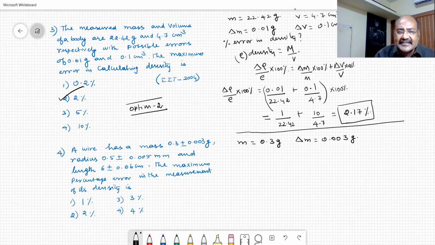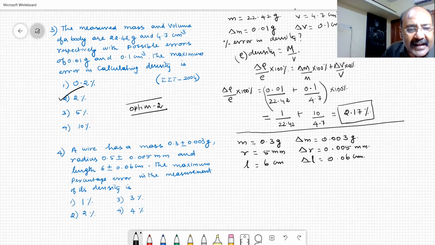Then the radius is given as 5 millimeters, and delta R, the change in radius, is considered to be 0.005 millimeter. Then what about length? The length is given to be 6 centimeter, and the change in length is considered to be 0.06 centimeter. What is asked is the percentage error in measuring its density.